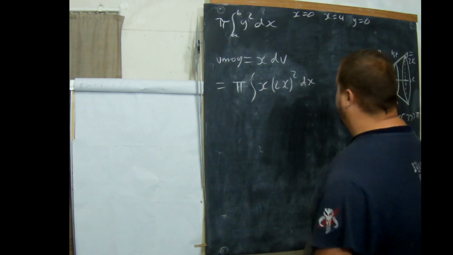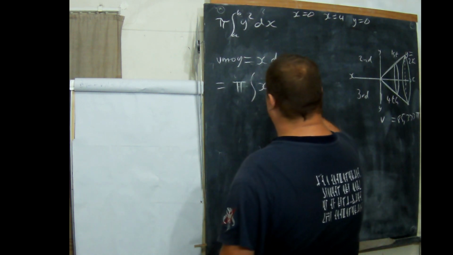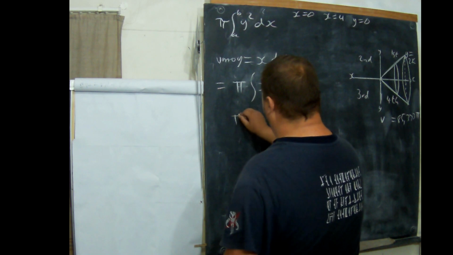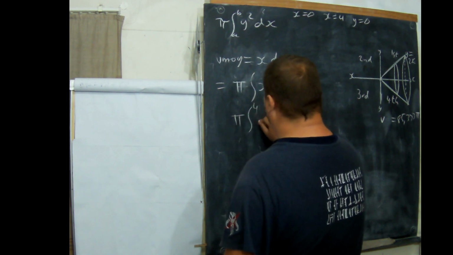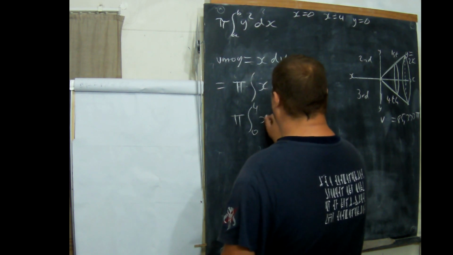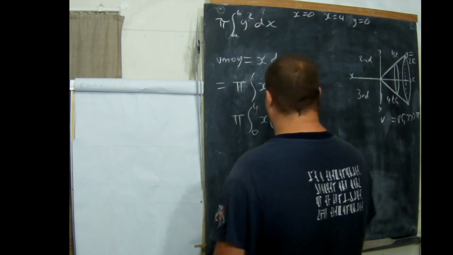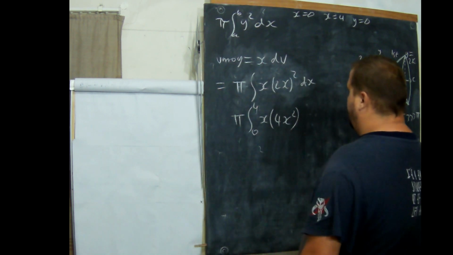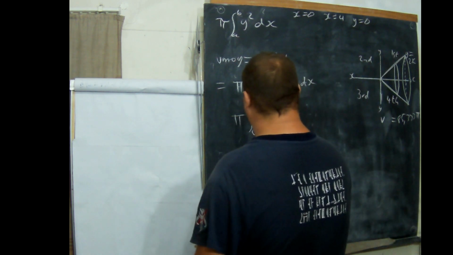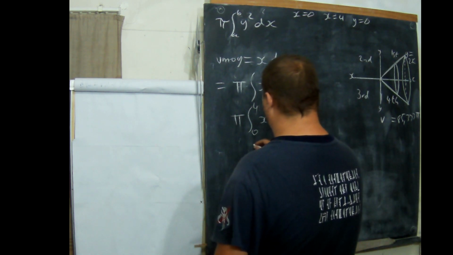So, next step, multiply pi through, 4 and 0, x times 4x squared. So the 4 comes out, and the x goes in.